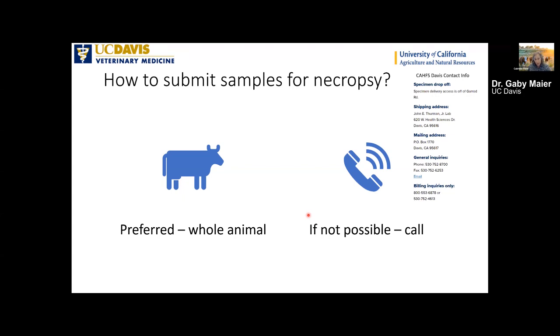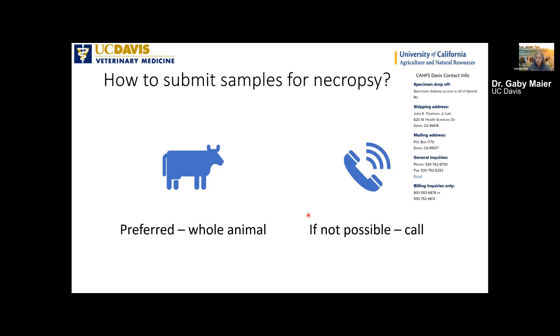But sometimes that's not possible because you live far away, you don't have the time, or for whatever reason, you cannot bring the whole carcass there. If that's the case, then you can still submit samples, and we will go into more detail of how to go about that.